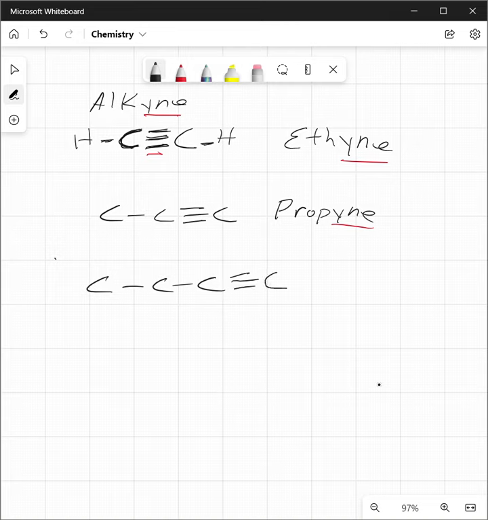Butane. And in this case, is it 1 butyne or 2 butyne? 1 and 2. 1, 2 butyne.